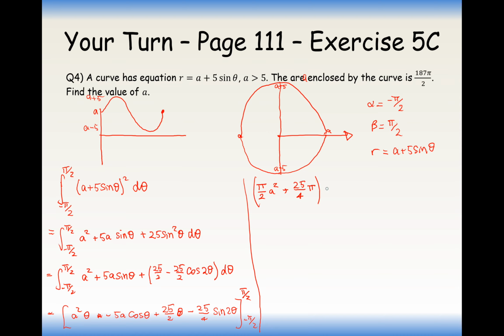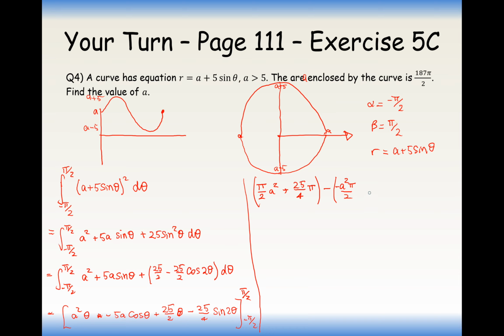So it would be this amount, subtract, substituting in minus pi by 2 now, so it would be a squared times minus pi over 2. And then it's going to be plugging in cos of minus pi by 2, which will also give us 0, so there won't be anything there.